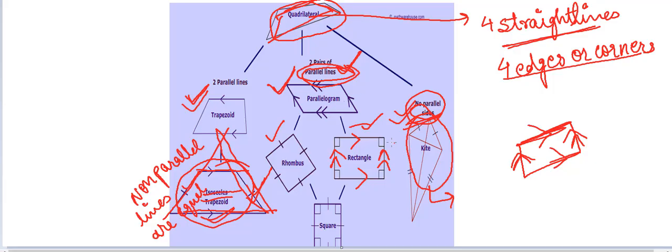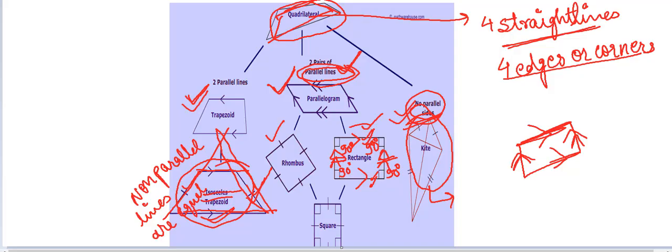And secondly, for rectangle, we have four angles which are 90 degrees. And the opposite sides of a rectangle are always equal. So this side is equal to this side and this side is equal to this side. Now what is a rhombus?